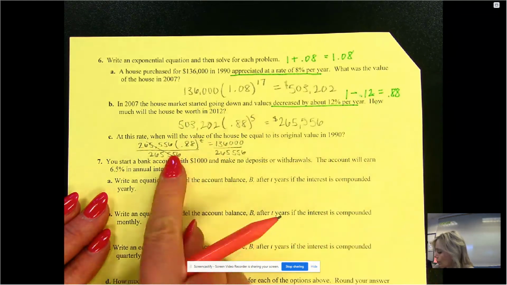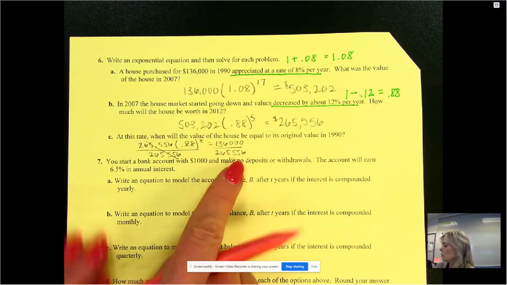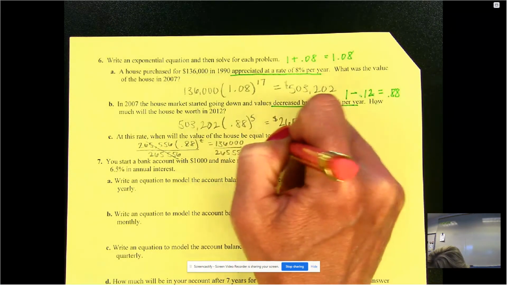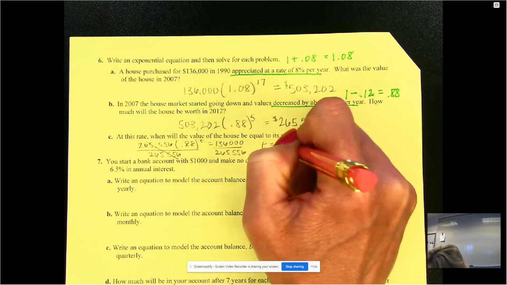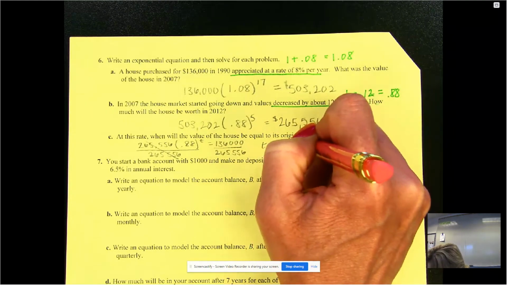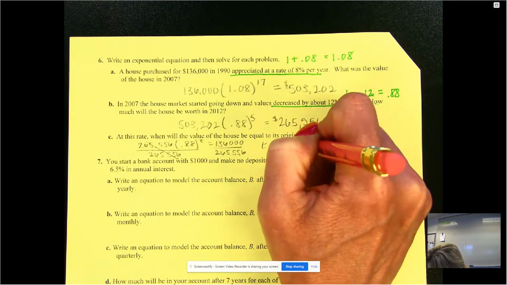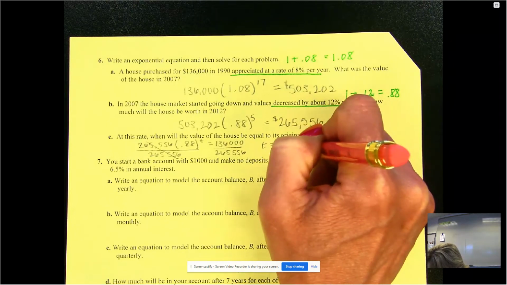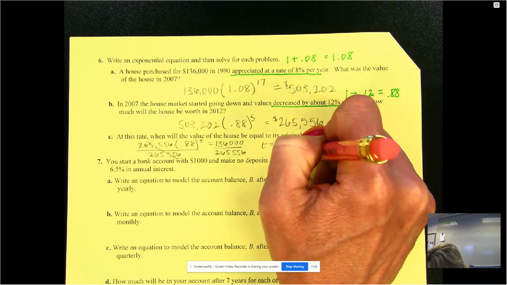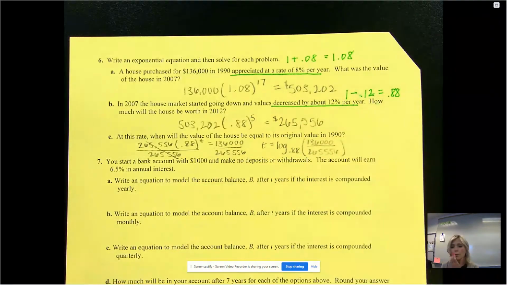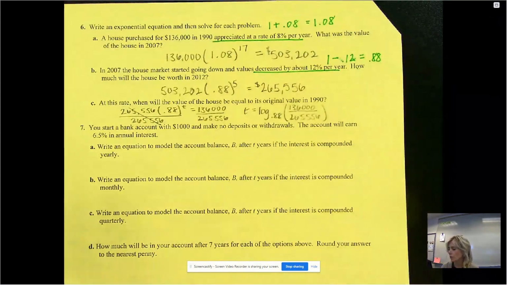And so here's our new equation, and we just switch to log form. So T equals the log base 0.88 of 136,000 over 265,556. And I can put that all into my calculator.